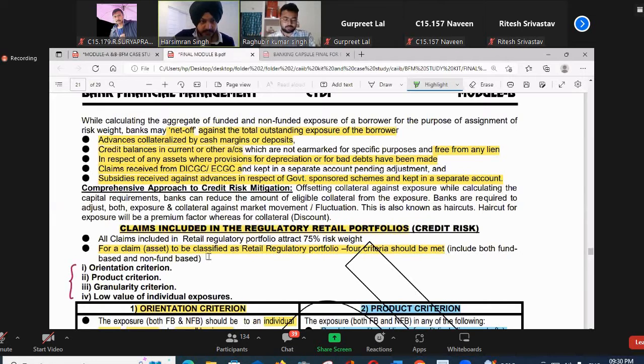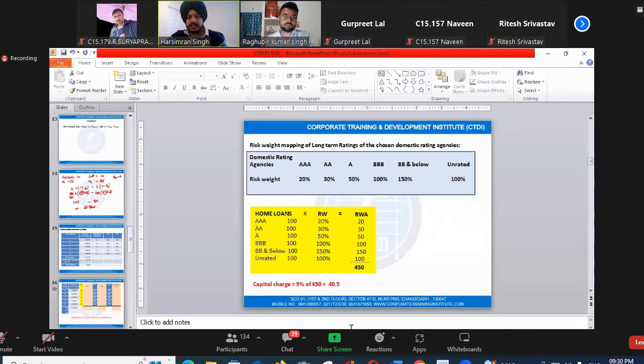अच्छा, ये याद रखना है कि ये लाइन आई थी पेपर में, haircut for exposure is a premium factor because it is added, and for a collateral it is a discount. Means इसका मतलब क्या हुआ?